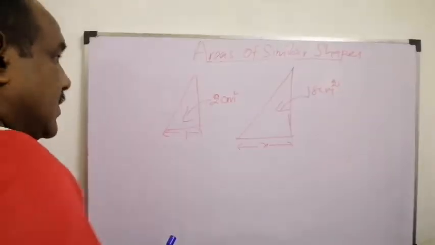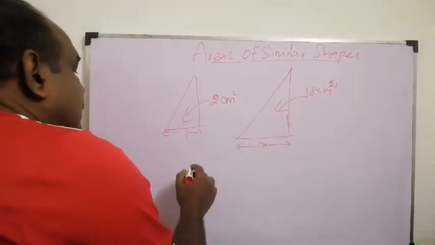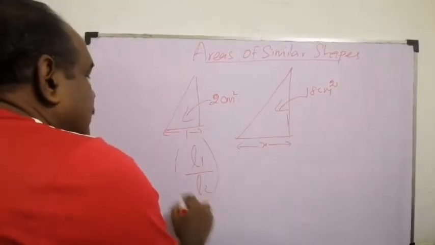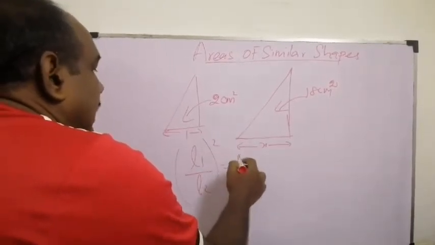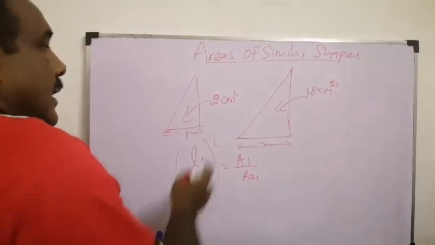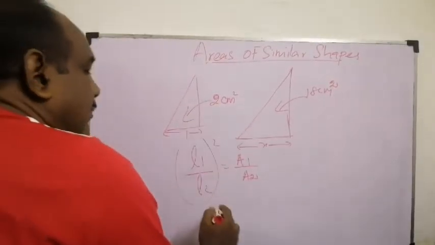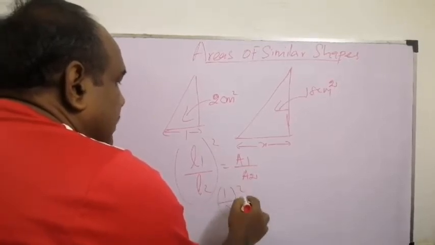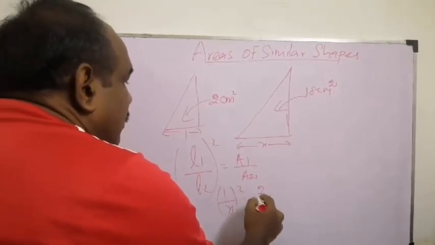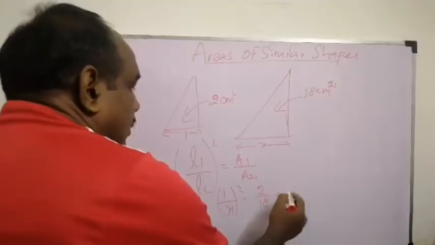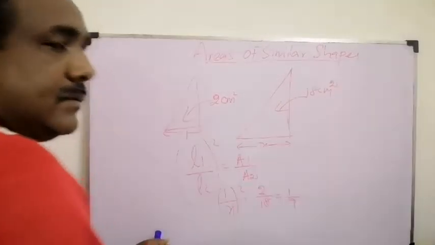So I'm going to use L1 over L2 squared is equal to area 1 over area 2. L1 is 1, so 1 over X squared is equal to 2 over 18. So this is going to be 1 over 9.